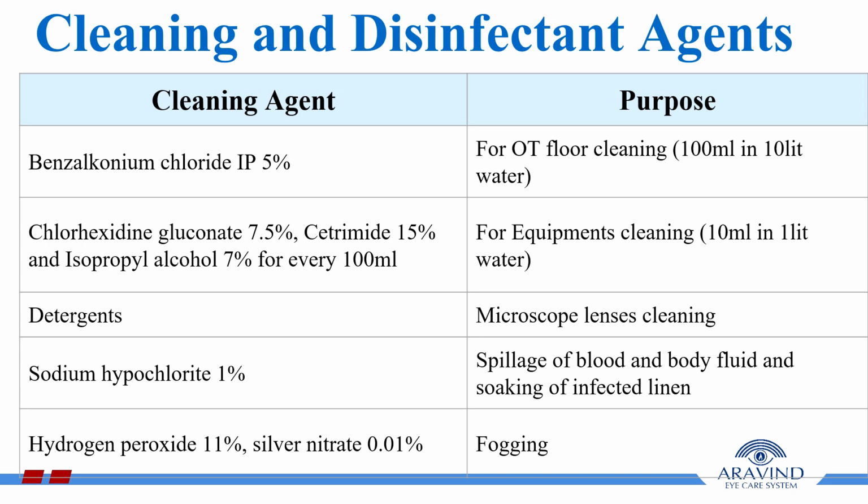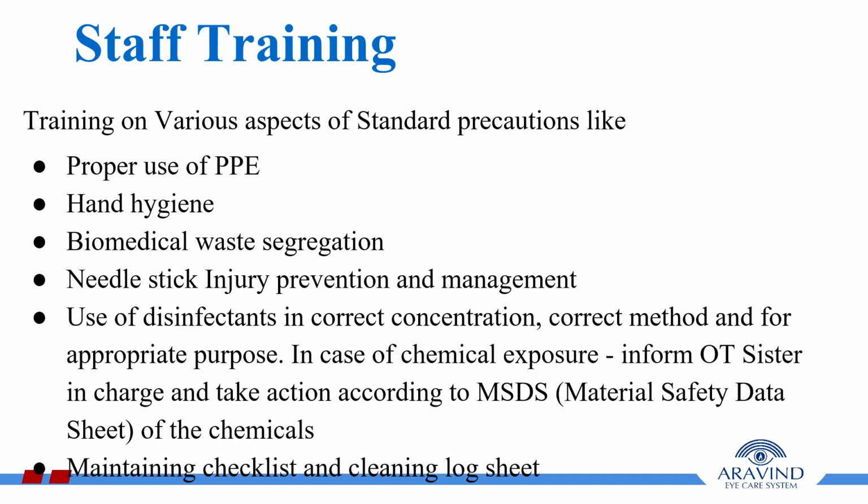Detergents for microscope lens cleaning. Sodium hypochlorite 1% for spillage of blood and body fluid and soaking of infected linen. Hydrogen peroxide 11% with silver nitrate 0.01% for fogging.